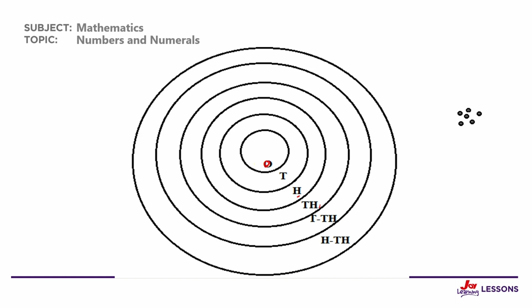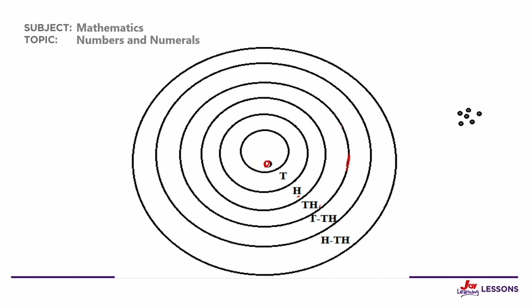Now, one thing that you must take note of is that when we throw the marbles on our wheel chart or wheel game, if any marble falls on any of the lines of the circles, we don't count it as part of what we are going to do. That is one thing that you must remember.